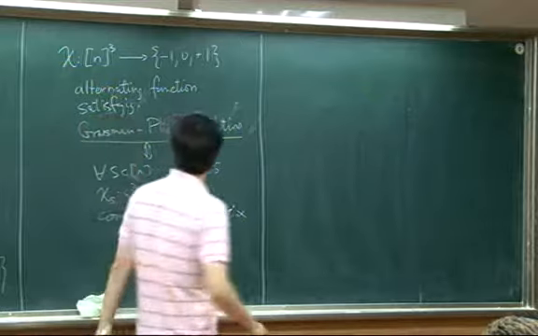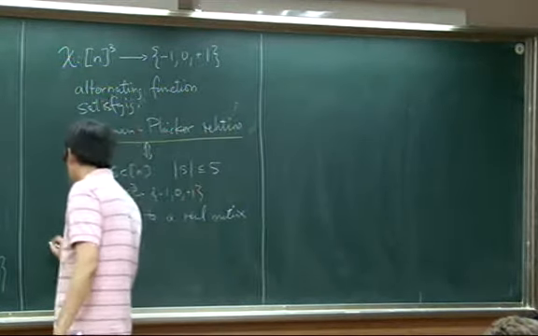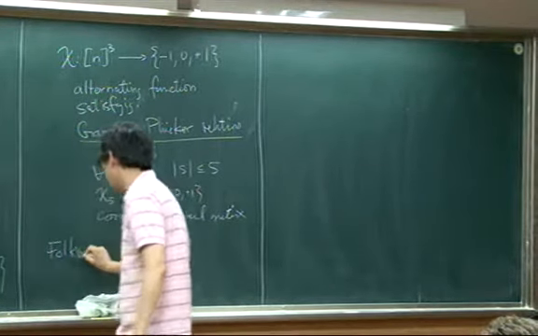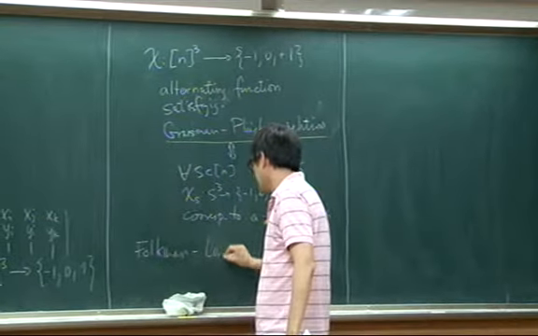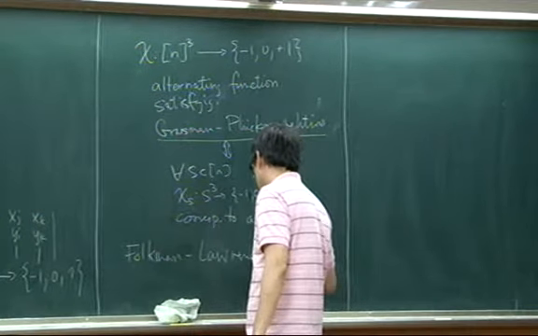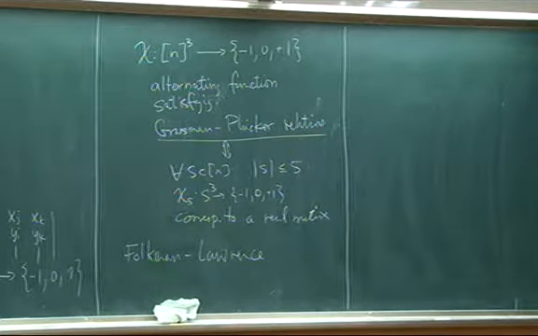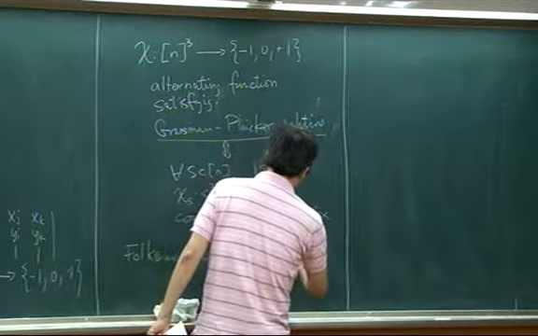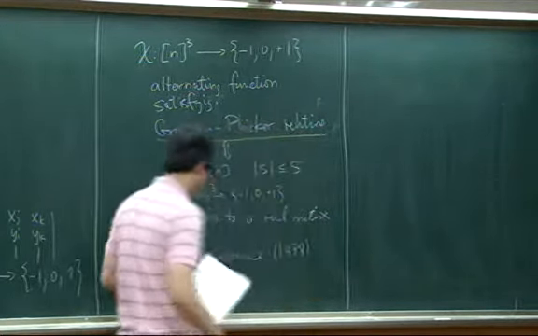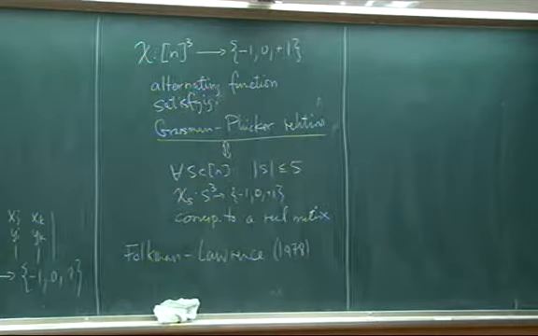Okay, so all of these things date back to Folkman and Lawrence, who were two of the founders of oriented matroids, in 1978. I'm going to mention their theorem as well, which is particularly nice for these rank 3 oriented matroids.